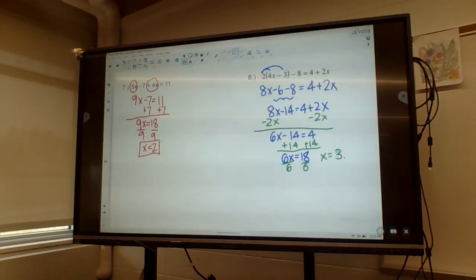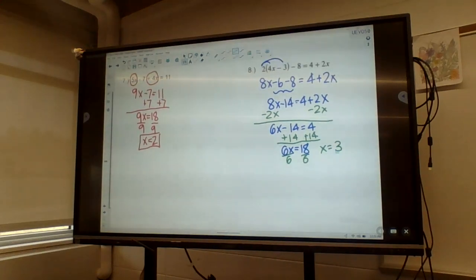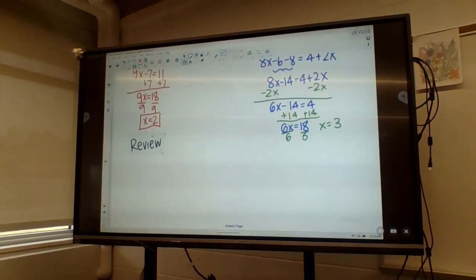Okay. And mine's missing the review question, so I'm going to have to write it. So what we're finishing up with is just a couple of review questions with exponent rules.